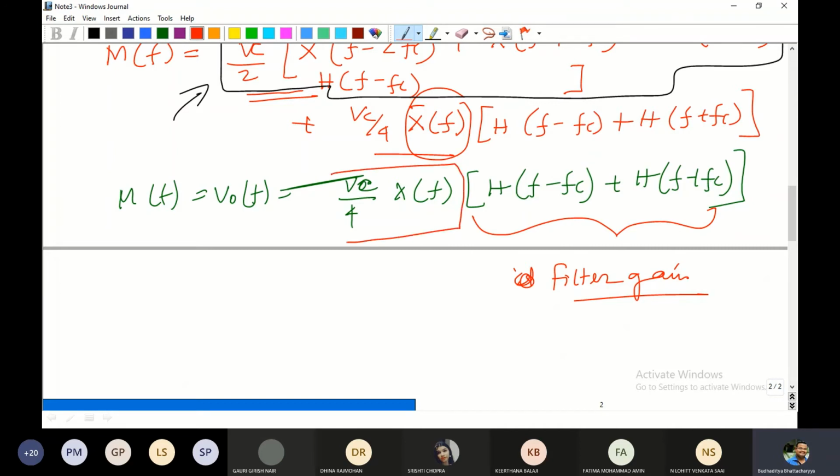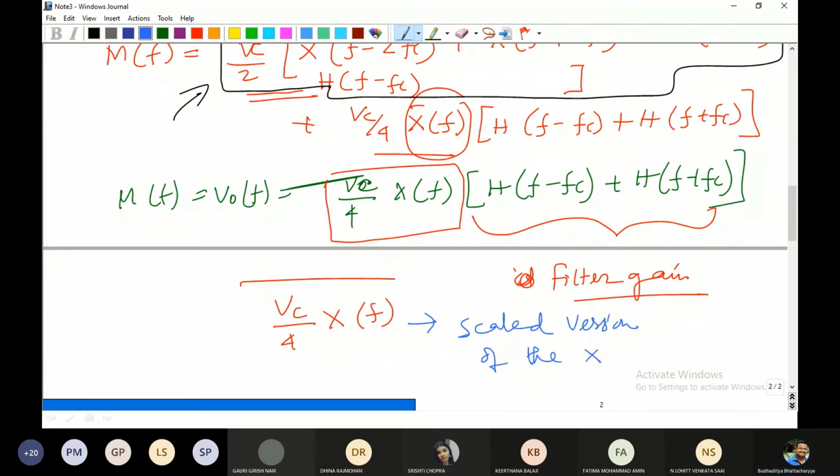If you leave out this, the only portion that we are left with is Vc/4 into X(f). So this is again the same term that we were referring to. This is a scaled version of X(f). Whatever the transmitted signal was, we have got that, but in a scaled version of the same. So this is about the VSB signal.